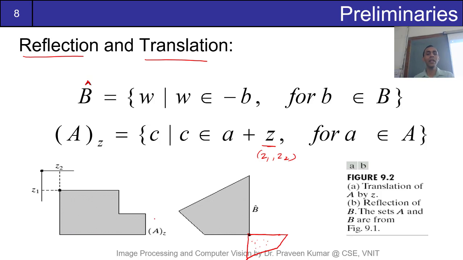That means the set A has been translated by an offset of vector Z, and that is defined as the translation operation on a set A.